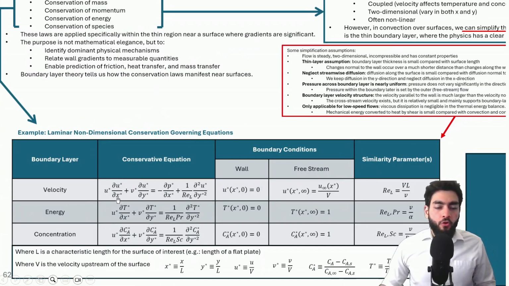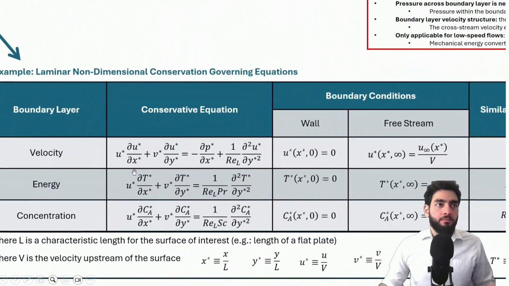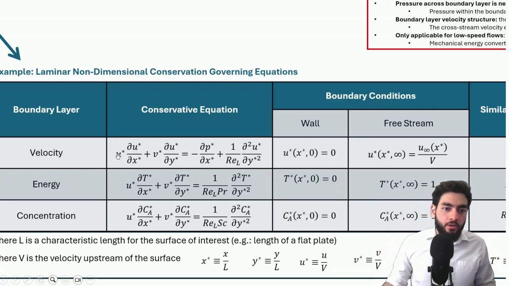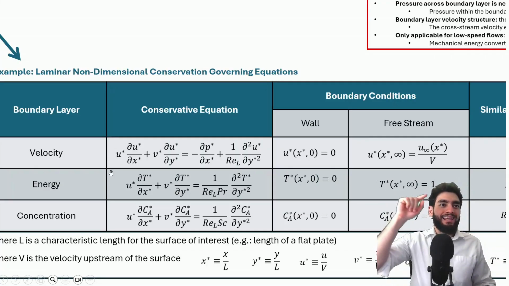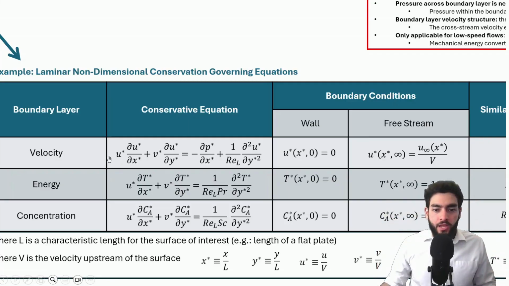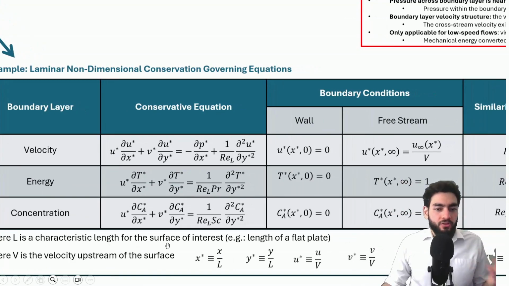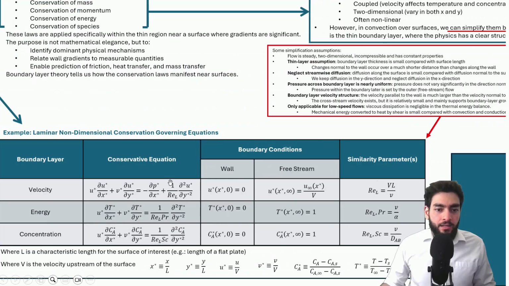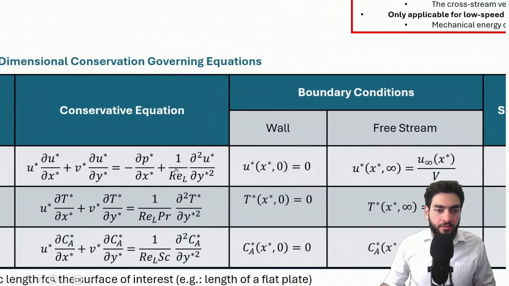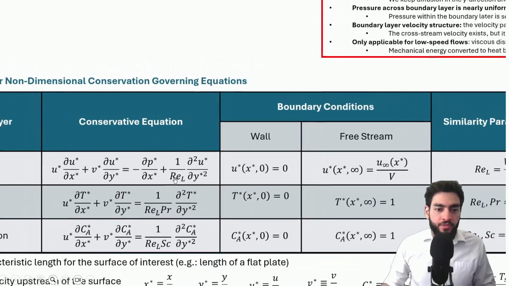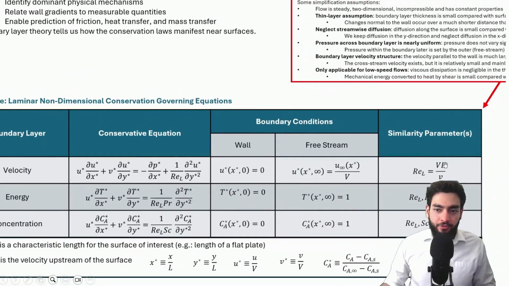So first, before you look at the equations themselves and try to make meaning of them, let's first define what the variables are, because you could look at the velocity term, but it has an asterisk on it, and so it can be confusing. First we define L as a characteristic length for the surface of interest, and you get to see that in the Reynolds number over here, because if you look at any of these equations, you don't necessarily see L, but you see a parameter, which is the Reynolds number, and the Reynolds number is a function of the length.